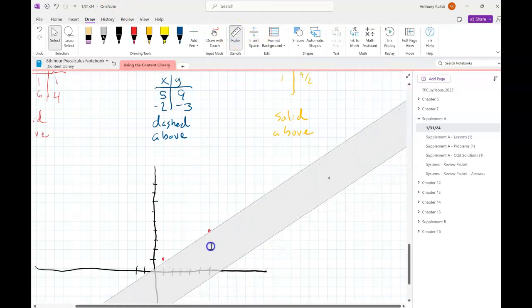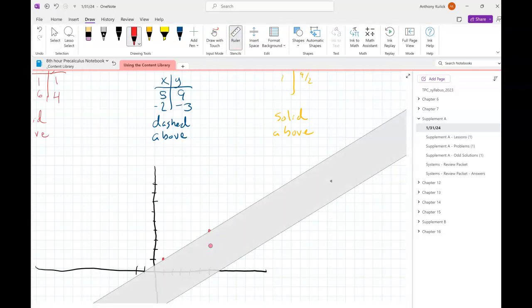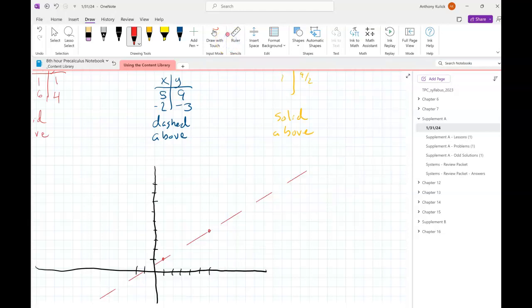So get my ruler out here. And I'm going to draw a dashed line. And I'll draw an arrow pointing above to remind me I'm going to be shading above this one.